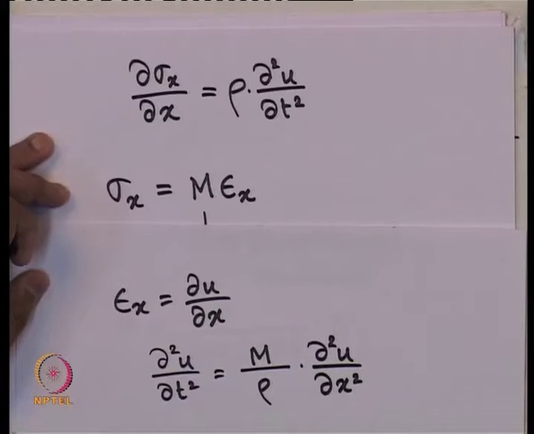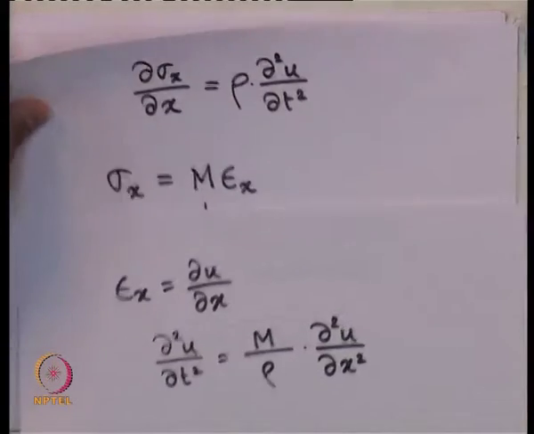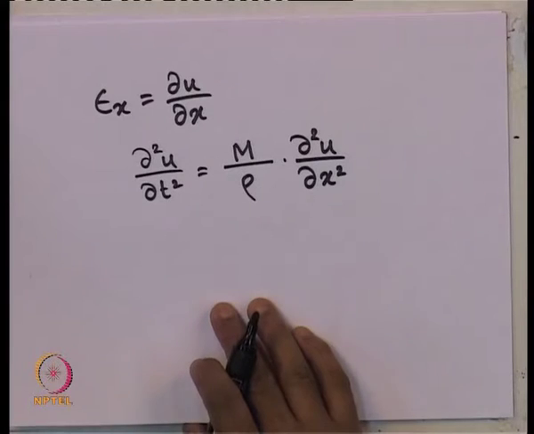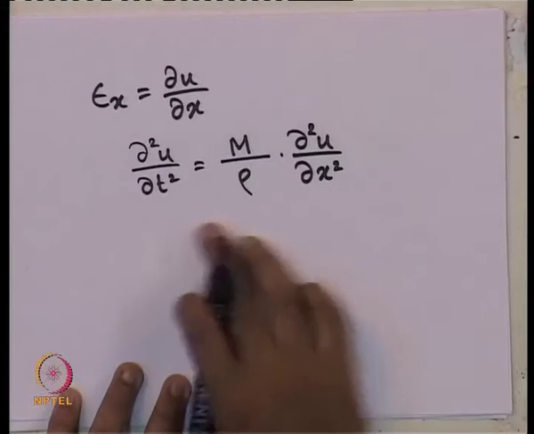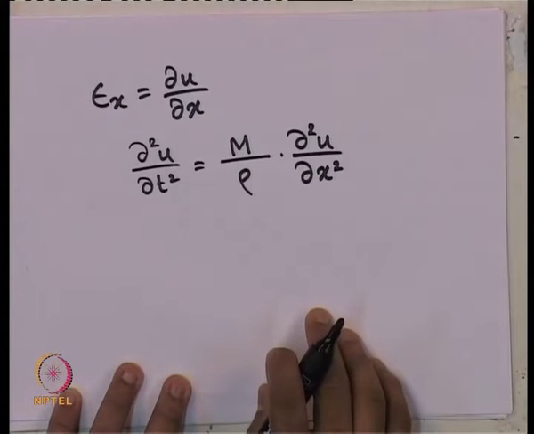Okay. So, this is the alternative form of the one dimensional equation we had written for longitudinal wave.